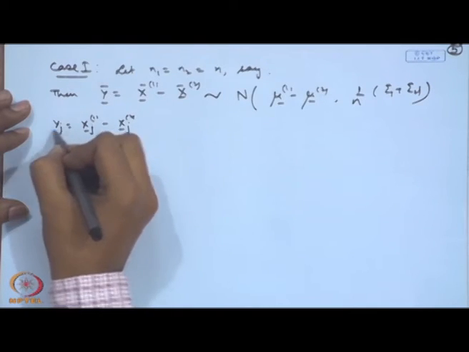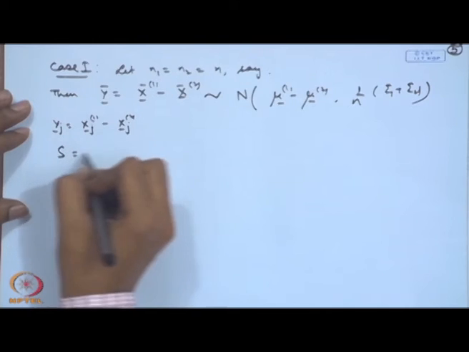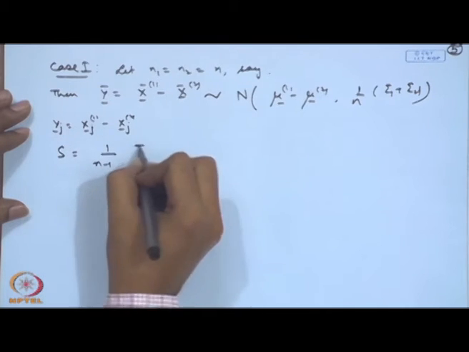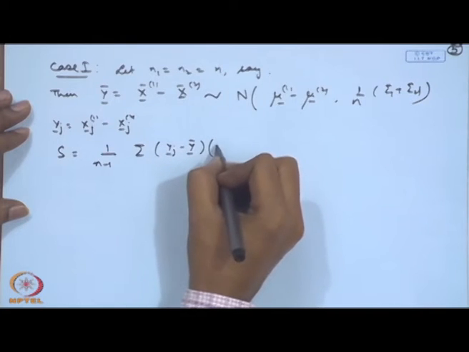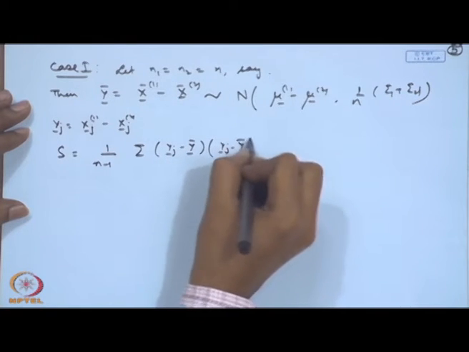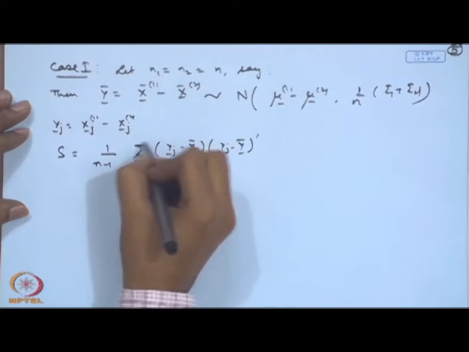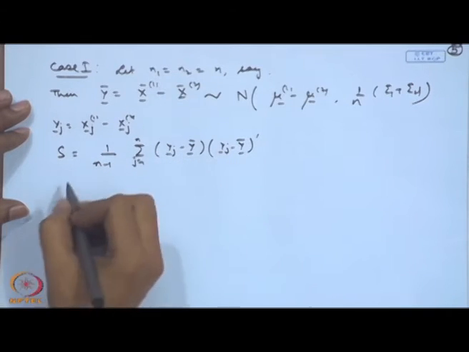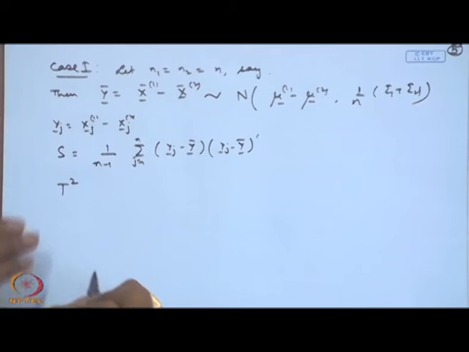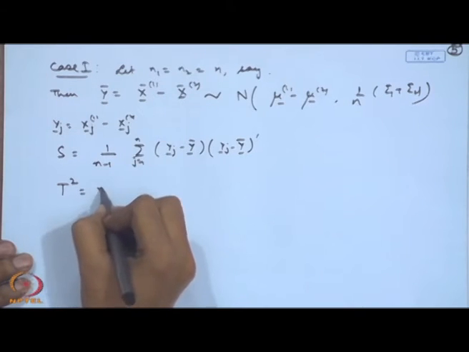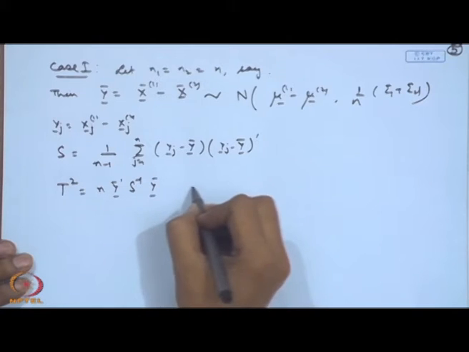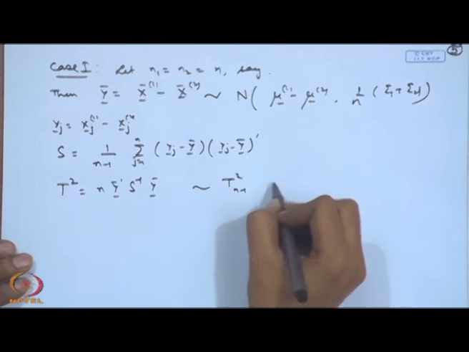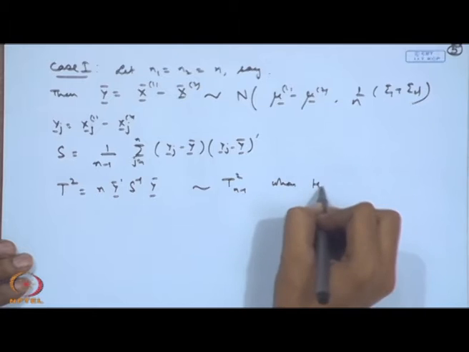Based on this, we can define S equal to 1 by n minus 1 times the sum of (y_j minus y bar)(y_j minus y bar) transpose, and we can consider Hotelling's T square, n y bar prime S inverse y bar. This will follow T square on n minus 1 when H naught is true.